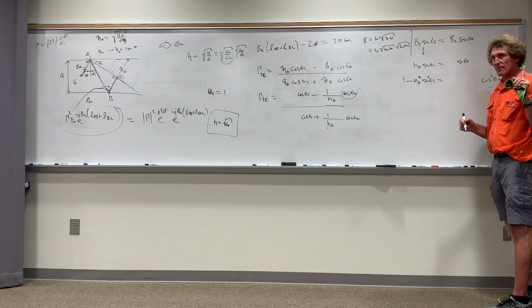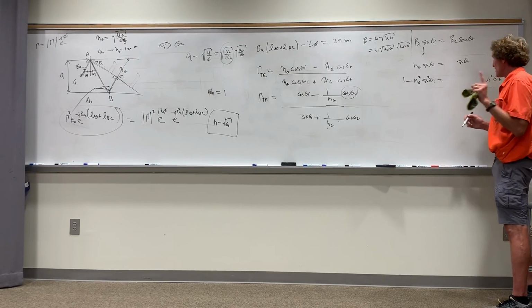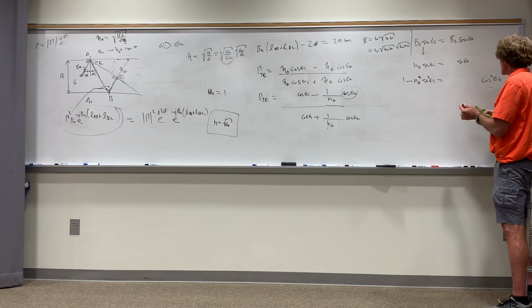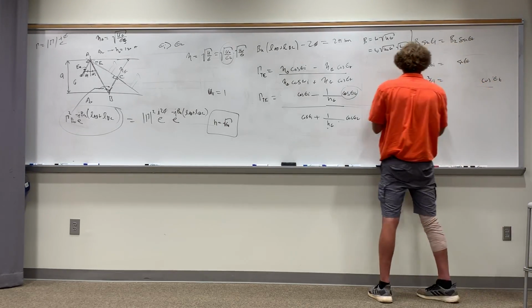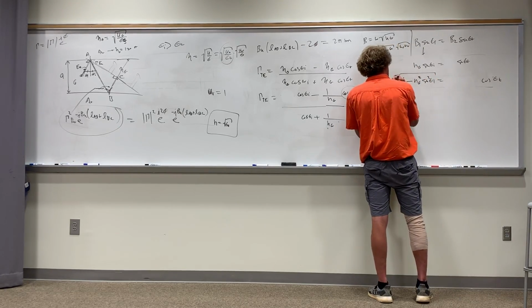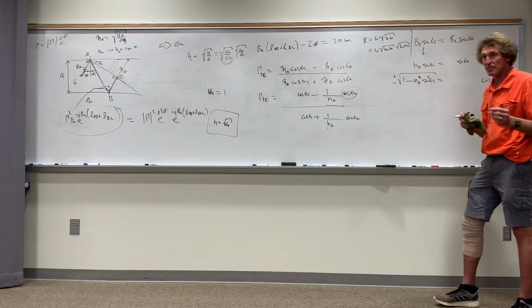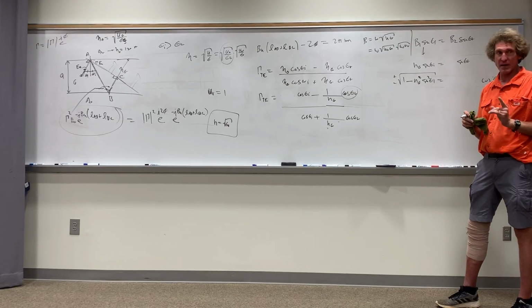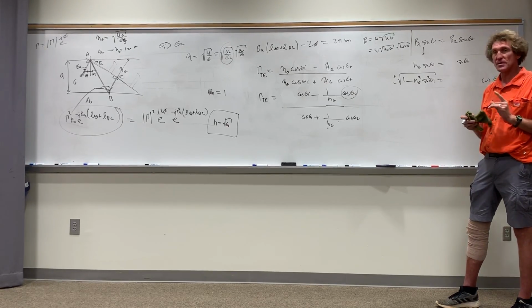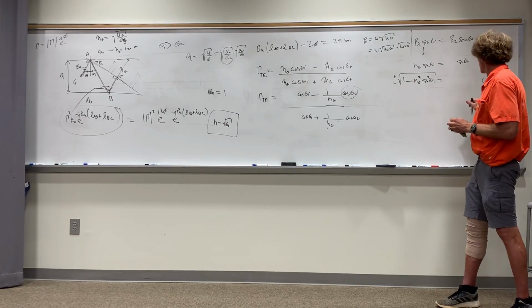Here's where you got to be careful. Whitmer's book doesn't do this. Now when I take the square root of both sides, I get cosine theta transmit equals the square root of this, but it's actually plus or minus the square root of that. Whenever you take a square root of something squared, it's plus or minus that value. Correct, class? He doesn't do that. That's an important fact you have to put down.